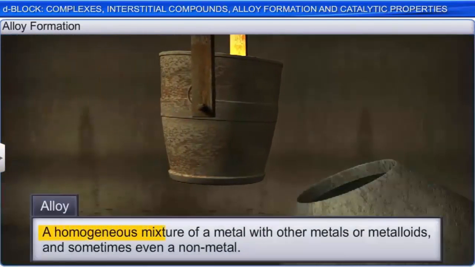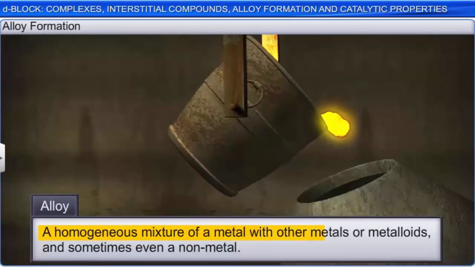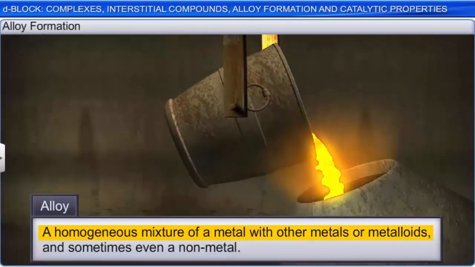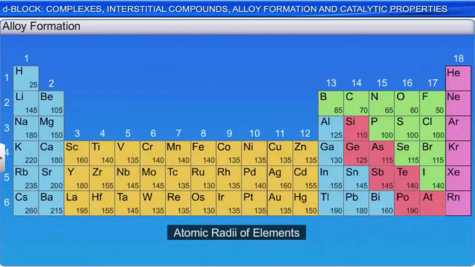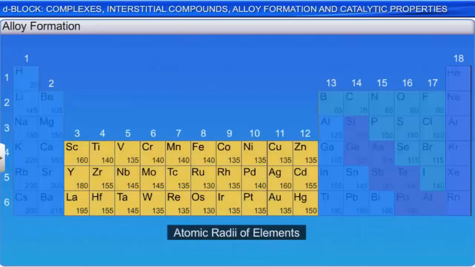The atomic radii of the transition elements in any series are not too different from each other. As a result, they can very easily replace each other in the lattice, and thus readily form alloys.